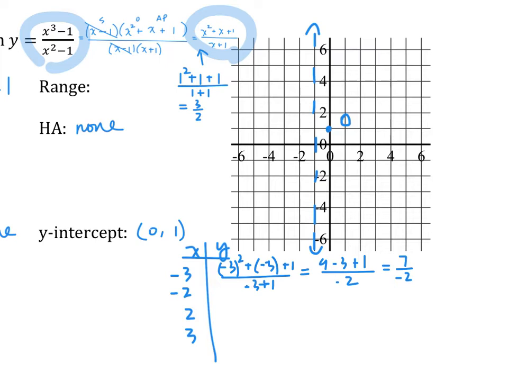Okay, down here. All right, -2. -2 squared plus -2 plus 1 over -2 plus 1. 4 minus 2 plus 1 over -1. That is -3.